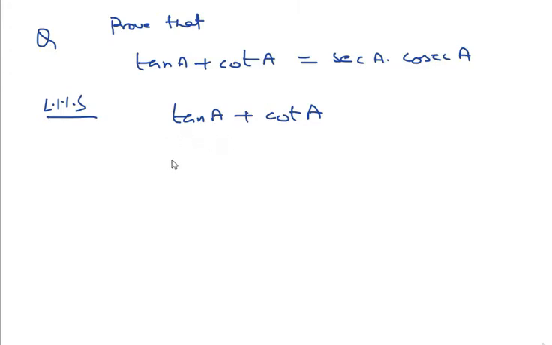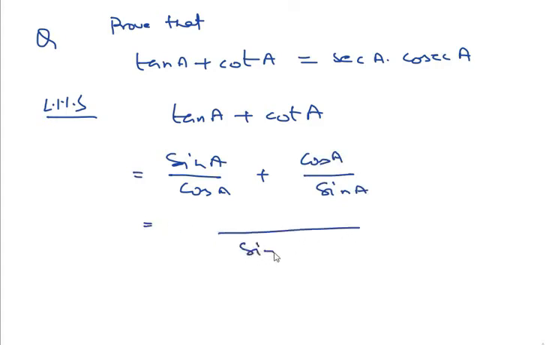So tan A will be equal to sin A upon cos A, I am going to change it, and cot A will be cos A upon sin A. Now we will start to simplify, as we know how to solve two rational numbers. Take the LCM.